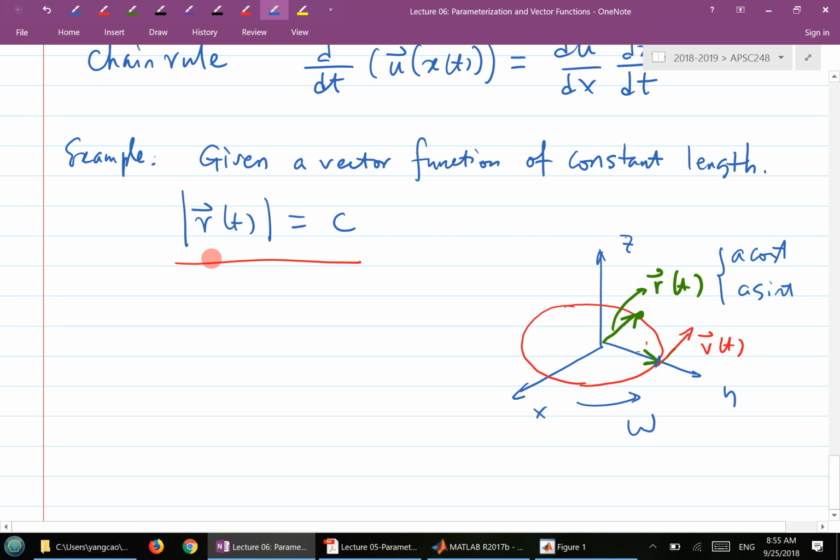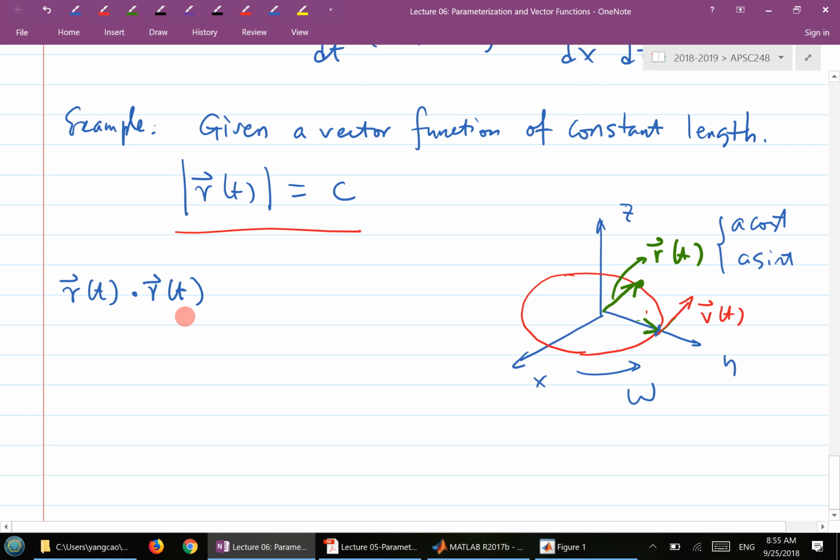So here's how we're going to prove it, using the definition of the dot product. If you recall, when I take a vector dot itself, what am I supposed to get? Not 1, not 0.